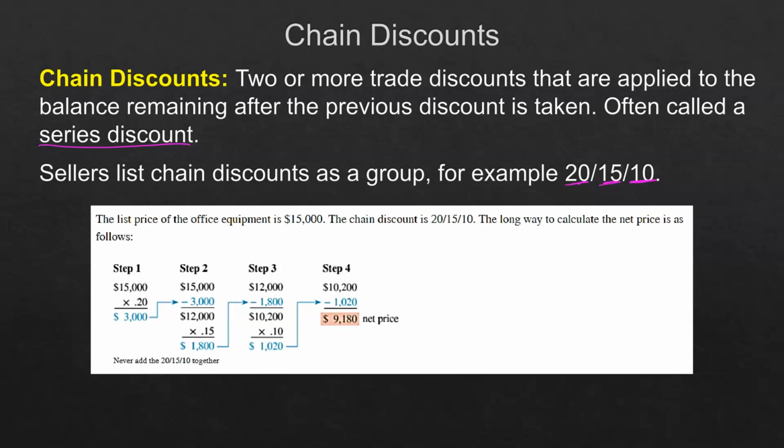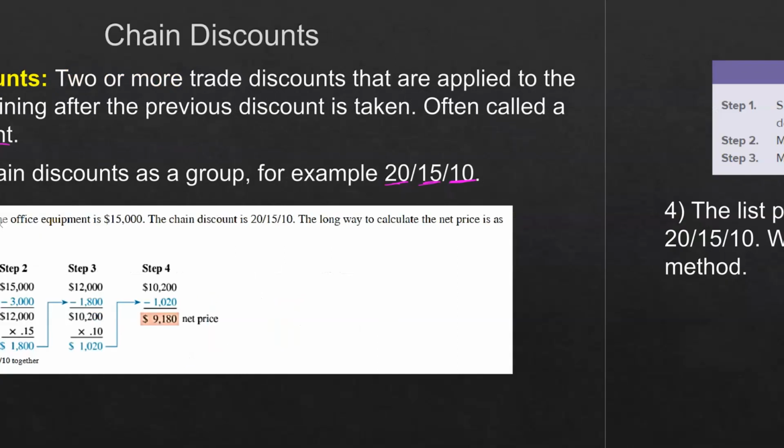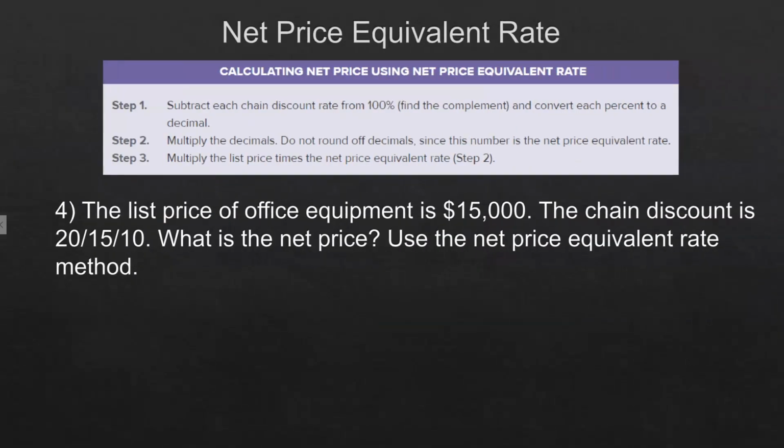So that is how that has to work, but there is a quicker way to do this, and I'm going to show you that. Or at least I would say this is a way I like better. So you take your chain discount. In this case, we're talking about $15,000 like that example that I just showed you, and the chain discount is a 20, 15, 10.